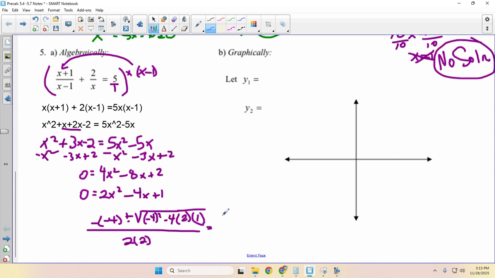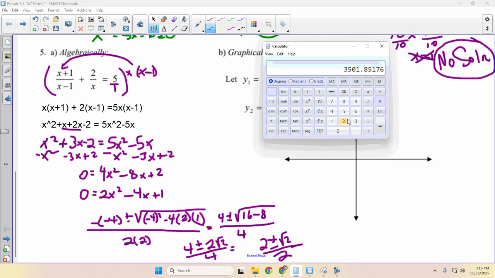Okie dokie. 4 plus or minus root 16 minus 8 divided by 4. 16 minus 8 is 8, so it's 4 plus or minus 2 root 2 divided by 4. Or 2 plus or minus root 2 divided by 2.